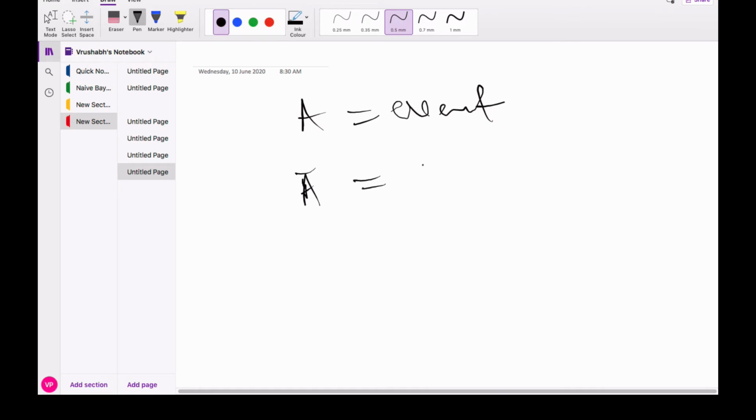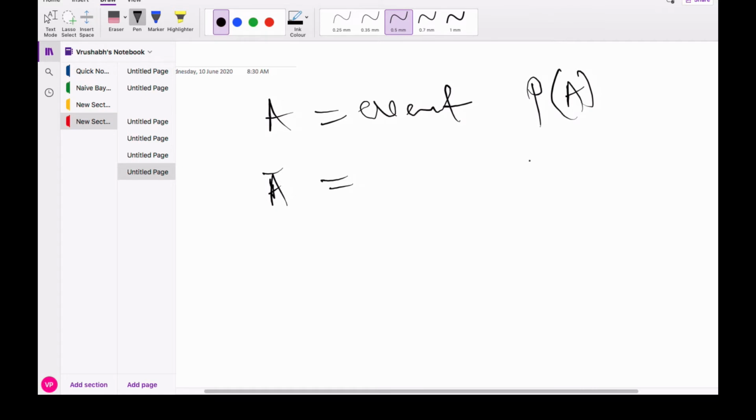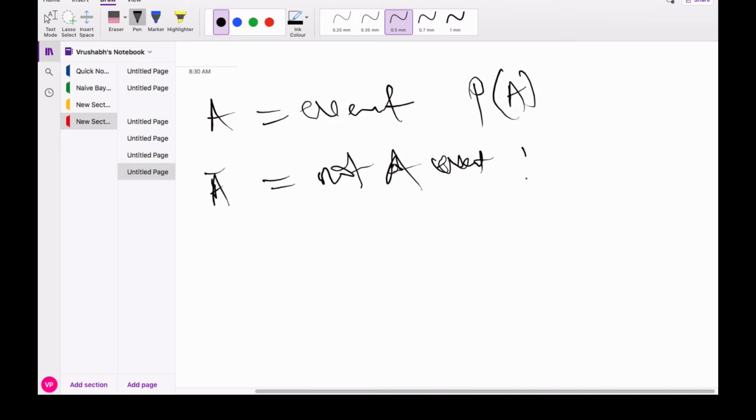And then if we take A prime, that is going to be an event that A will not happen. So if we have A to be an event, then we can say that P of A is the probability of A, and A prime is not the A event. You can think of it that way.